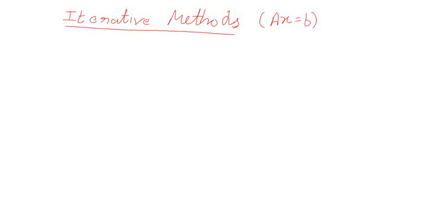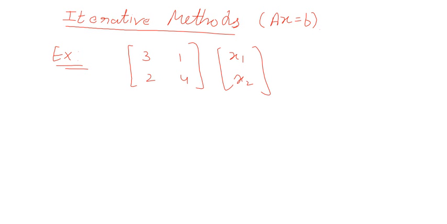So to design iterative methods, let's work out a first example. Let's start with an example for solving the system. Let's say this is the matrix 3 1 2 4 times x1 x2 equals 4 and 6.